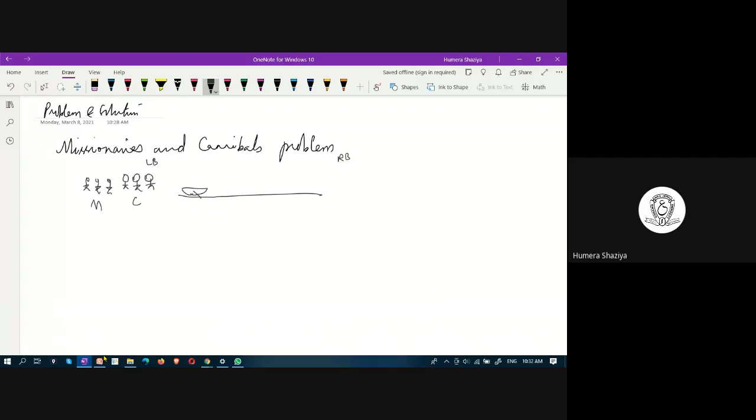The boat capacity is one or two persons. How should these six people use this boat in order to cross the river from one side to another side?